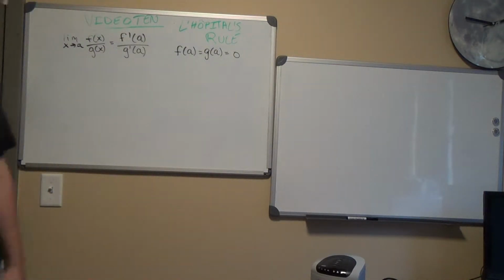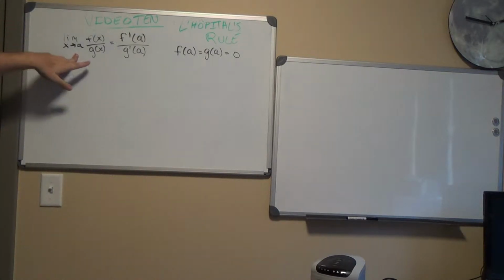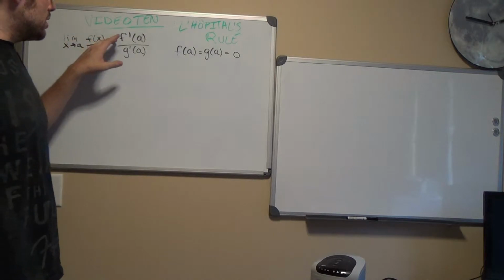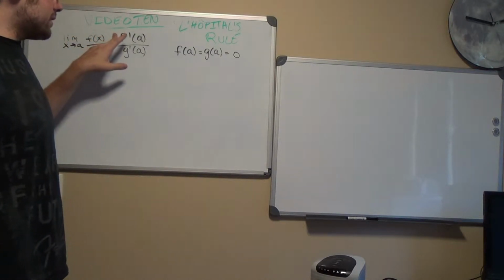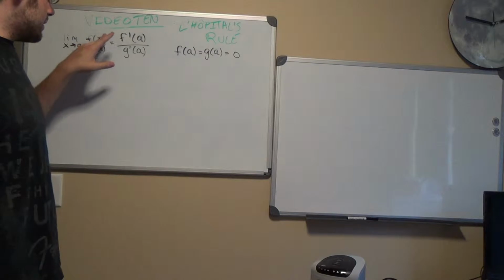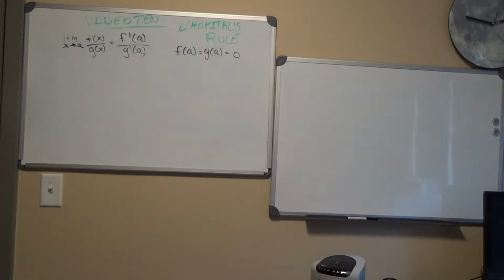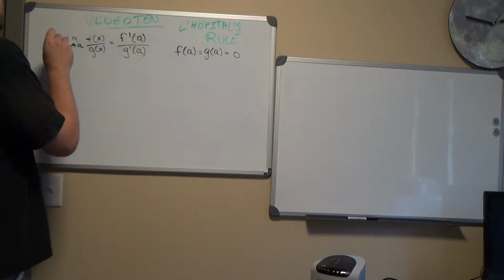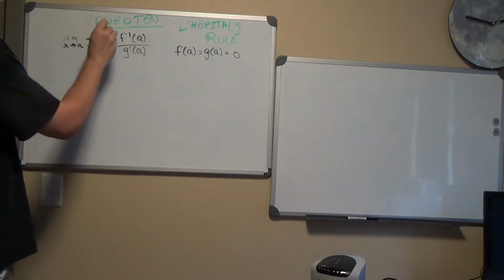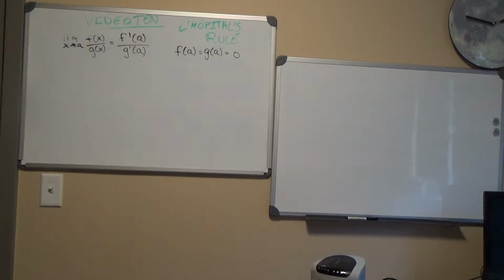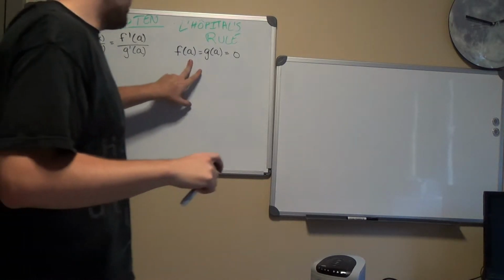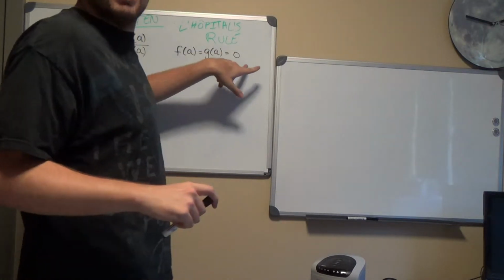Today is our discussion on L'Hopital's rule, which is demonstrated on the board. For a group of functions, f of x divided by g of x, if we take the limit as x approaches a, we can state that the derivative of f of a divided by the derivative of g of a is equal to the limit as x approaches a of f of x divided by g of x, as long as f of a is equal to g of a is equal to 0.